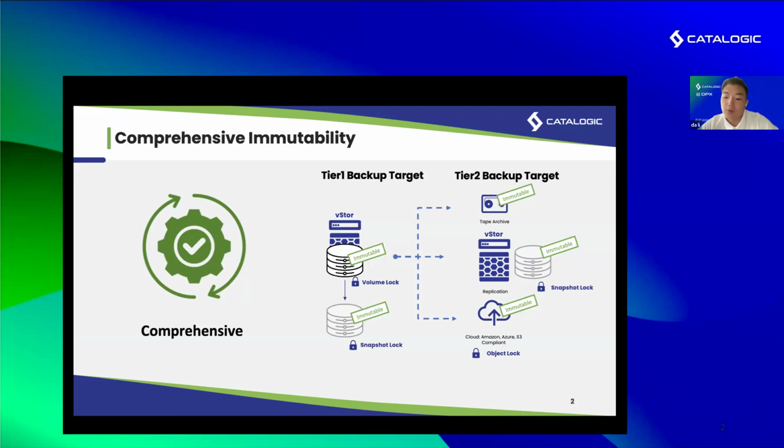But today, we're going to focus not just on the backup target. Last time we focused on the tier 1, tier 2 backup targets, like vStor, our major backup repository, and tape and the cloud. We are not just focused on these targets, but on our entire backup system.